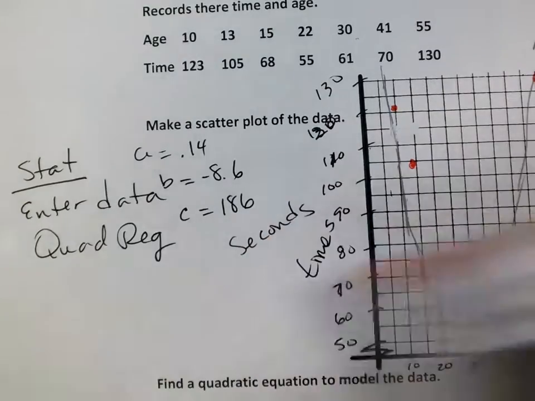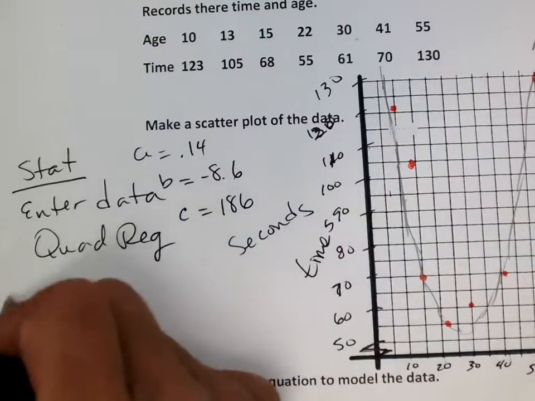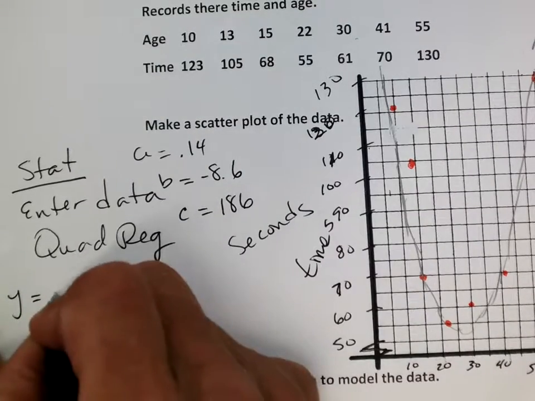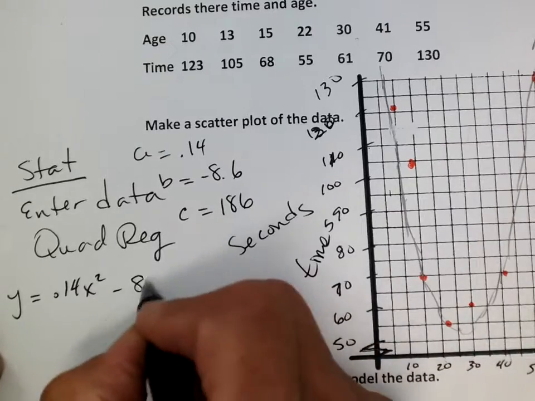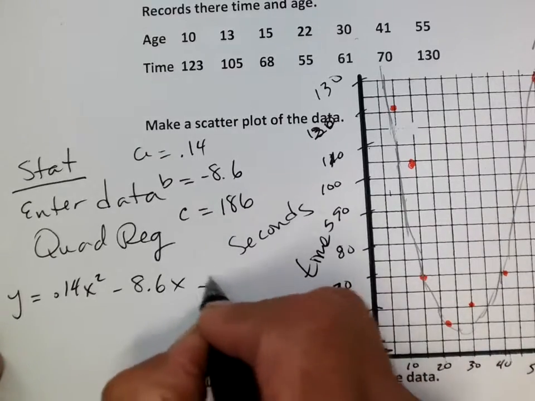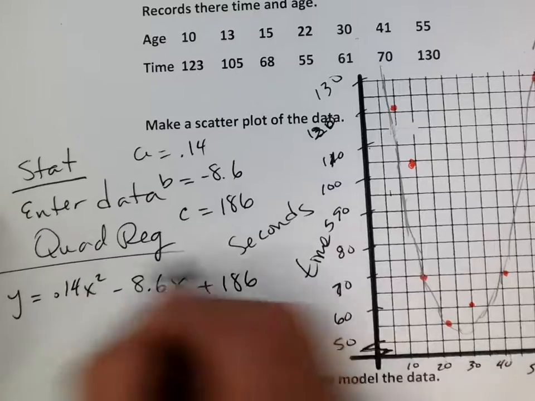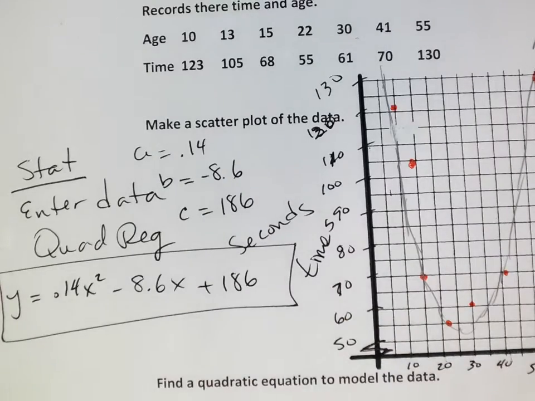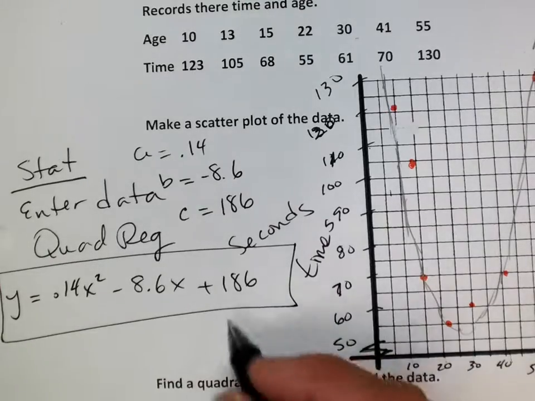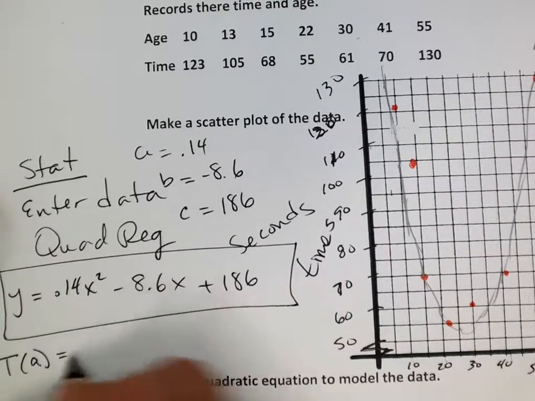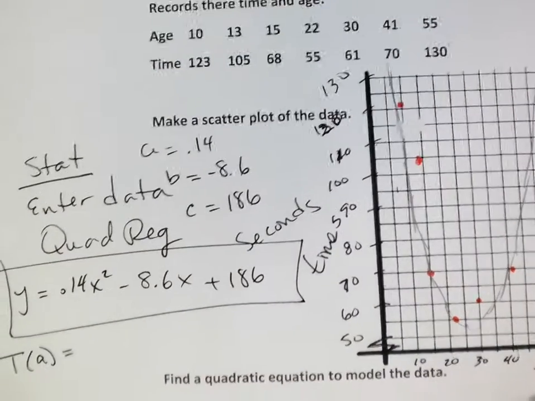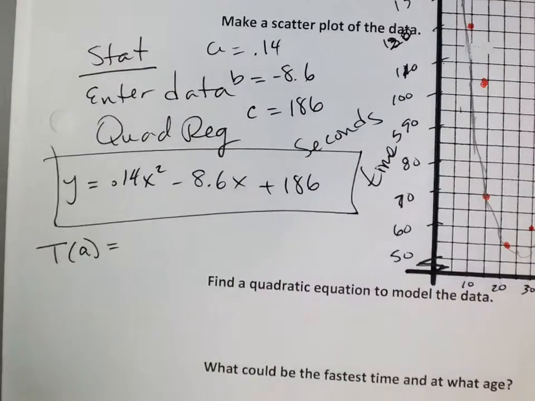Okay, so my equation then would be y equals 0.14x squared minus 8.6x plus 186. Okay, that's my equation, right? Where x is age and y is time. So I could change it to T of a if I wanted to get fancy, because what does this have to do with time over age, right?